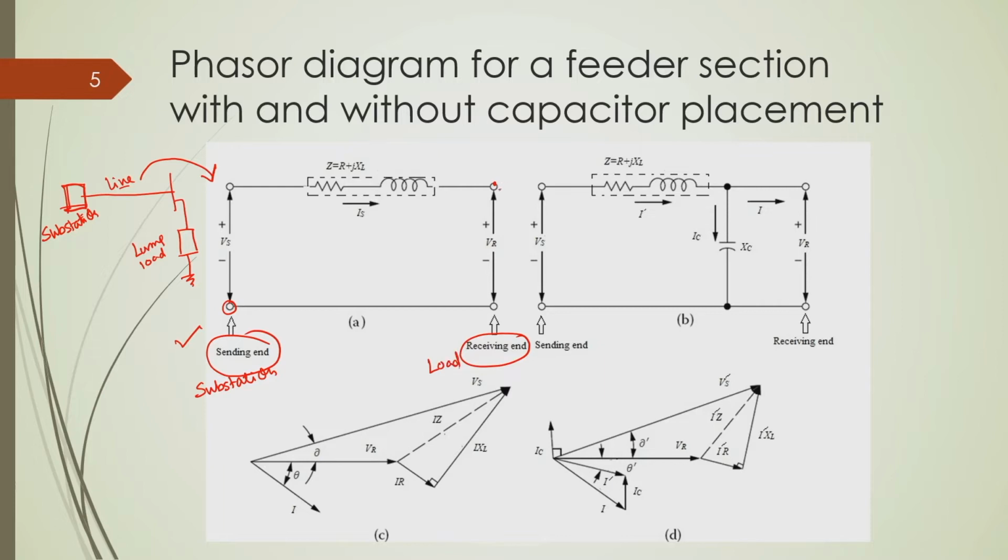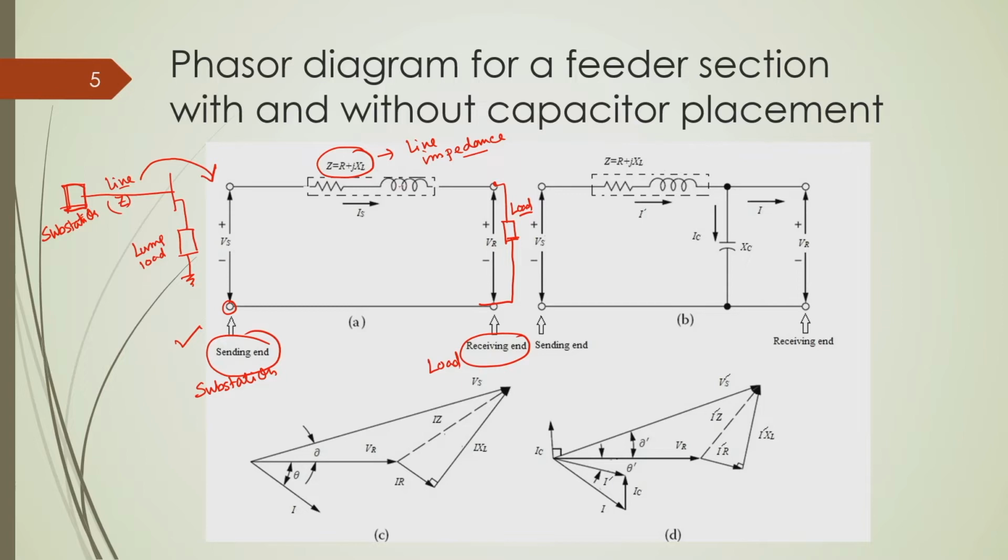In fact, this is not open, but we have a load connected there. So, this is our load. Now, this Z is line impedance. And this is the same line impedance here.